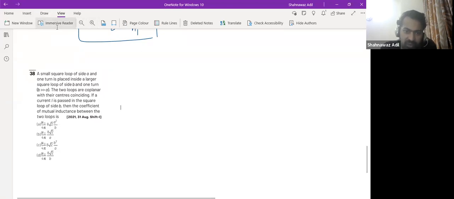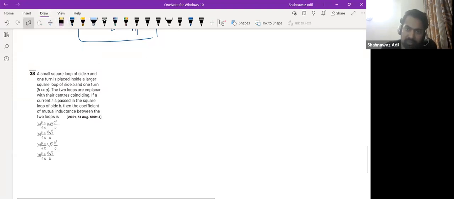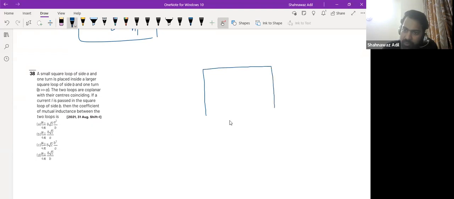So we have to find out the mutual inductance, right? So we have this loop, and we have this loop, right?